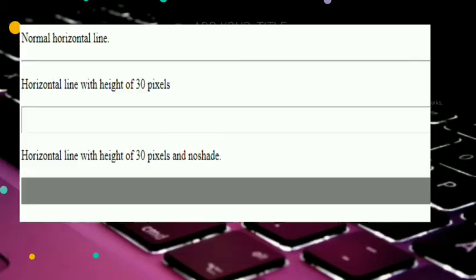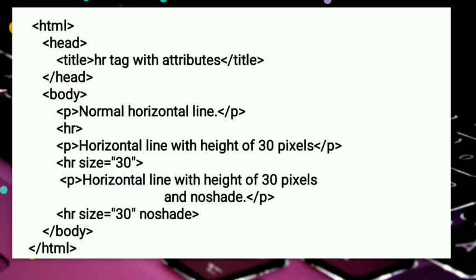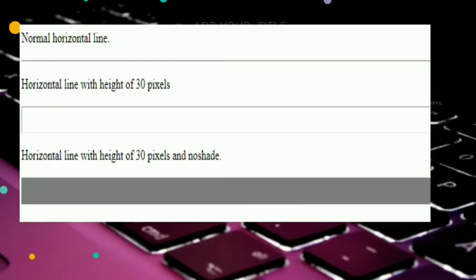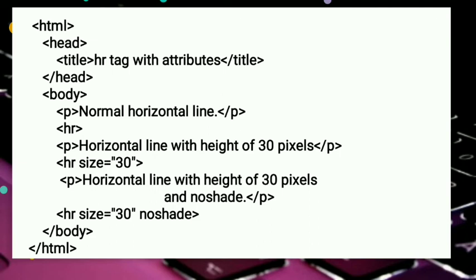Okay, now see the output. What is the first line of the code? Body tag code, normal horizontal line. Again, the second line of the output is one single line. What is the code of this? Open bracket HR and closing angular bracket.